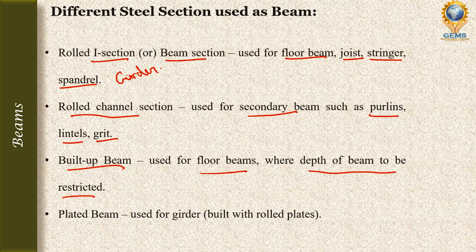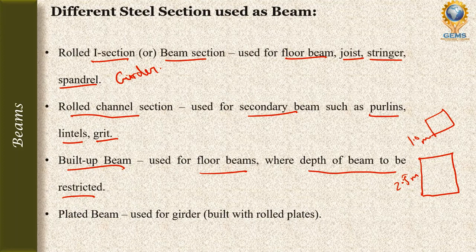Suppose in your design the depth of the beam is coming as 2.5 meter, just assume, and you want to reduce it to 1 meter, then we reduce it by using built-up beams. That is the area where we use built-up beams.